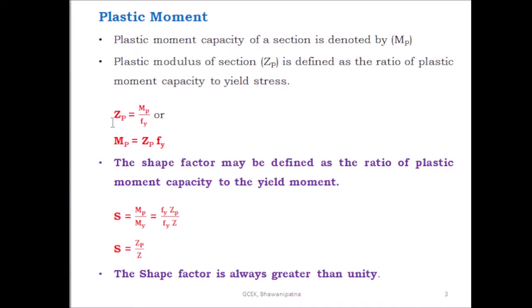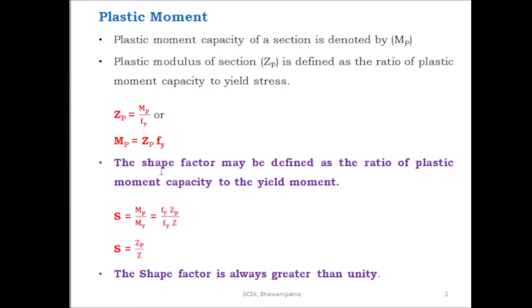So Zp is equal to Mp by Fy, where Fy is the yield stress and Mp is the plastic moment. Then Mp is equal to Zp into Fy. The plastic moment capacity of the section is equal to the plastic modulus of the section times the yield stress.